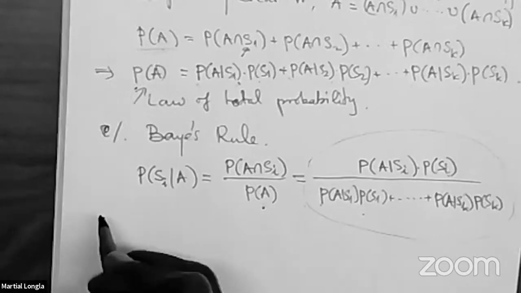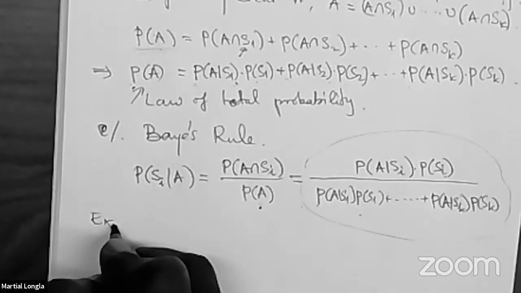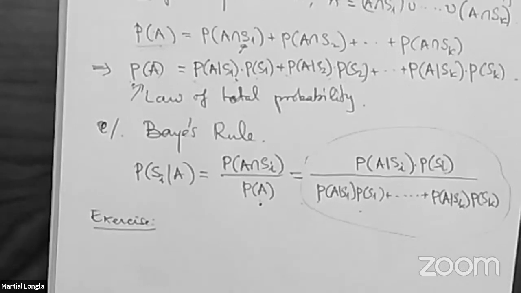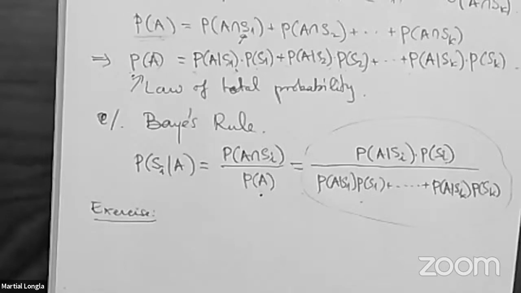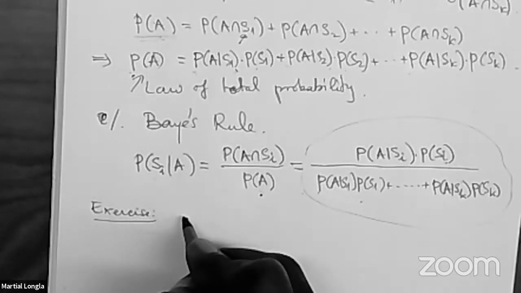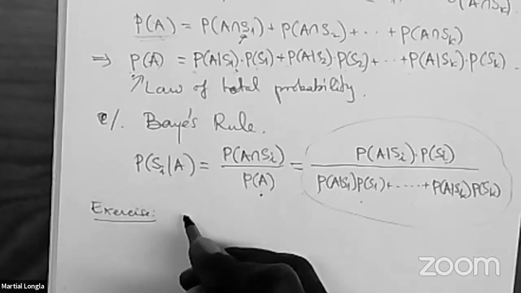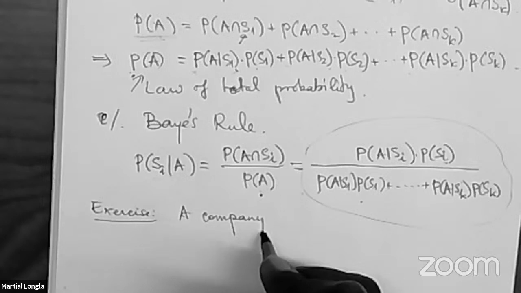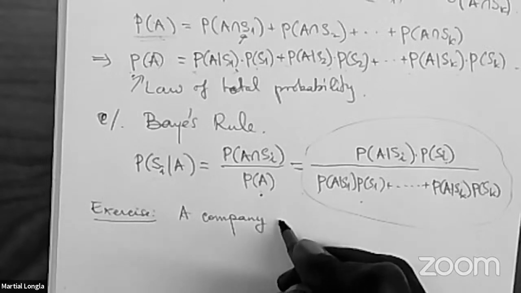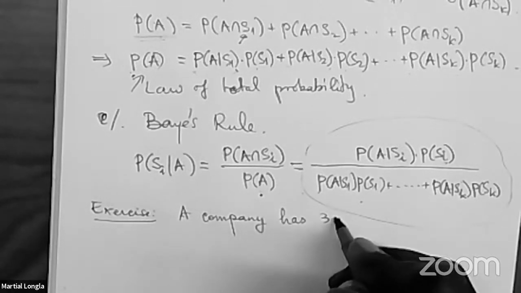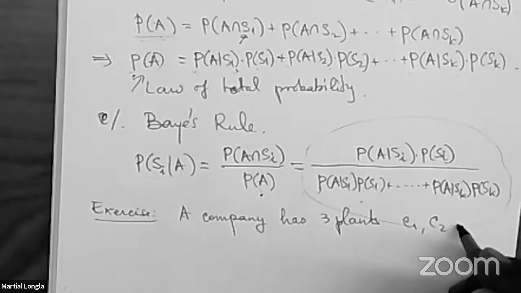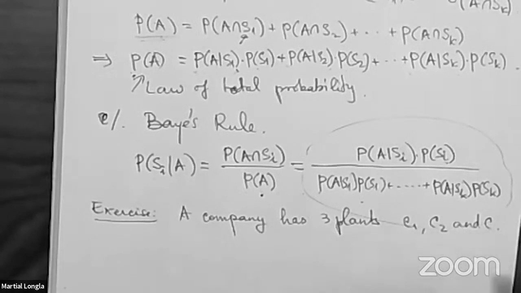So examples, the exercise. A company has 3 plants, C1, C2, and C3.